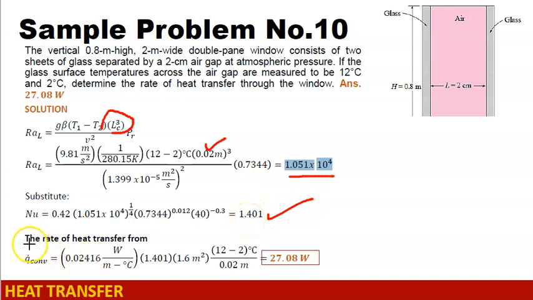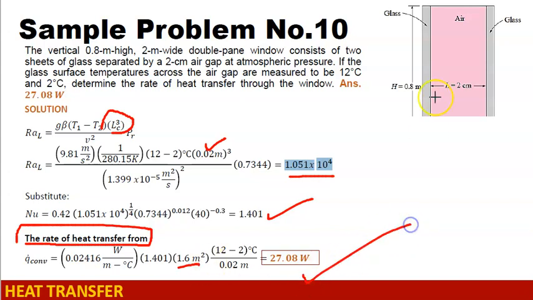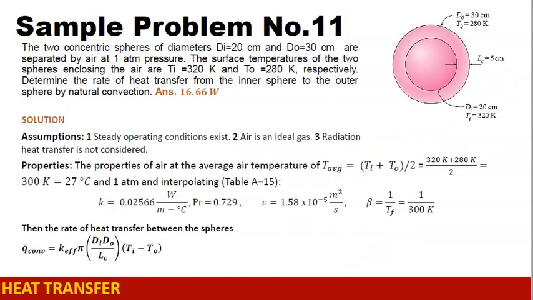Finally, we substitute the Nusselt number and the surface area we solved earlier into the rate of heat transfer equation. So our convection heat transfer rate through the window is 27.08 watts.